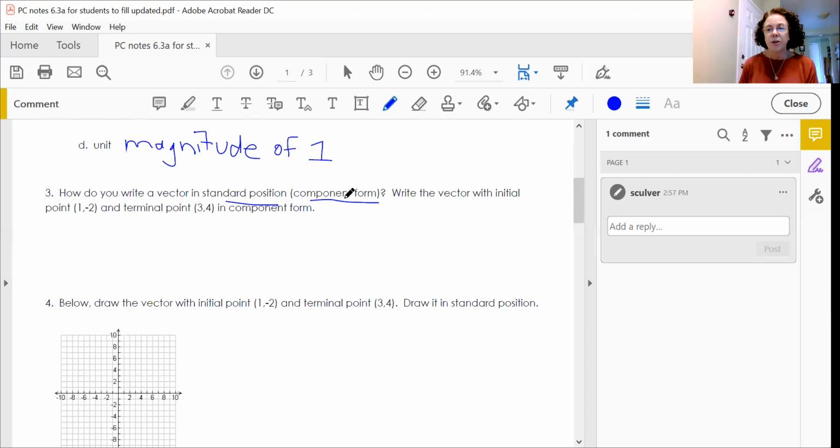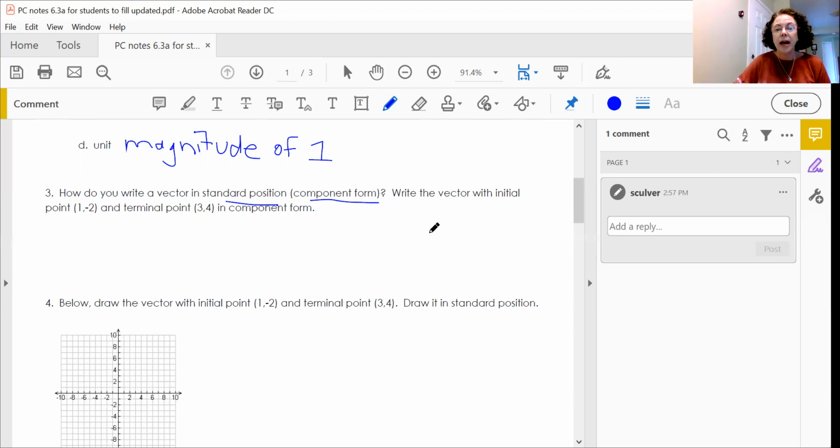But different starting and stopping points. So we should be able to represent that infinite number of vectors with a vector in standard position, or in component form. We are going to represent all those vectors that have the same magnitude and direction as a vector in component form. Its initial point will start at 0, 0 instead, and its terminal point will decide the magnitude and direction.